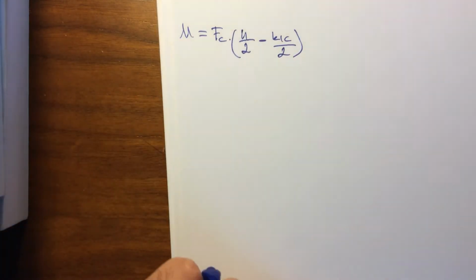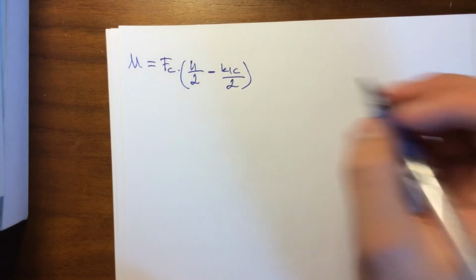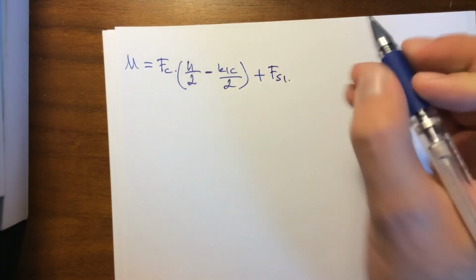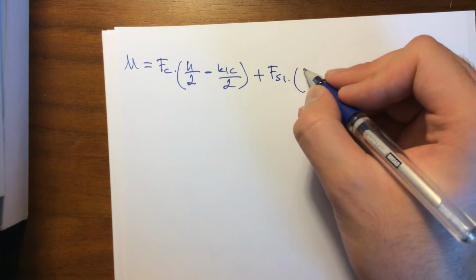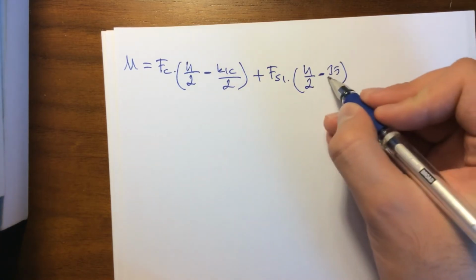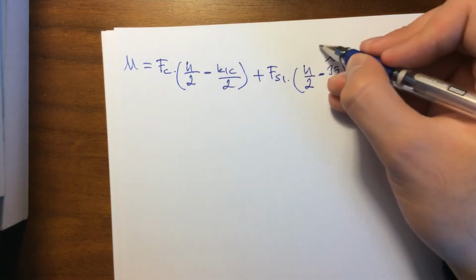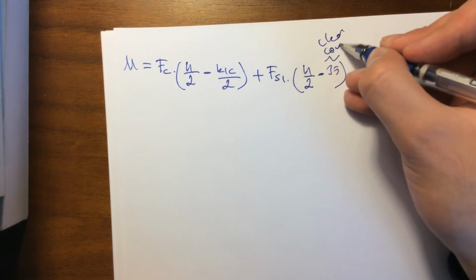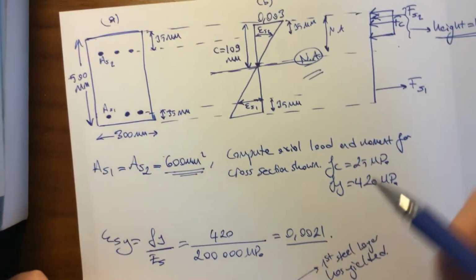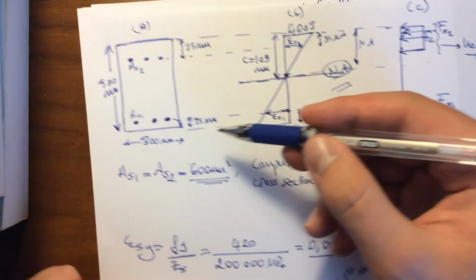And for the steel layer number 1, the force in number 1 times H over 2 minus 35. 35 was the clear cover depth, which was given at the beginning of the question.